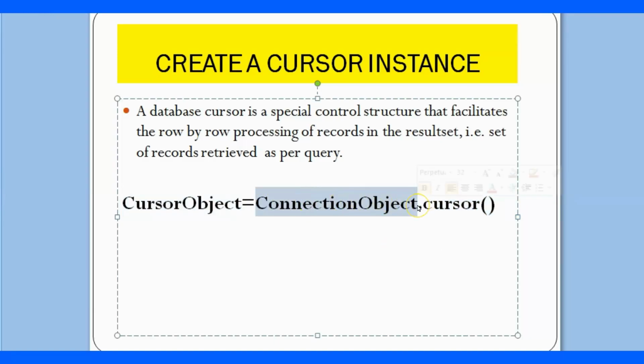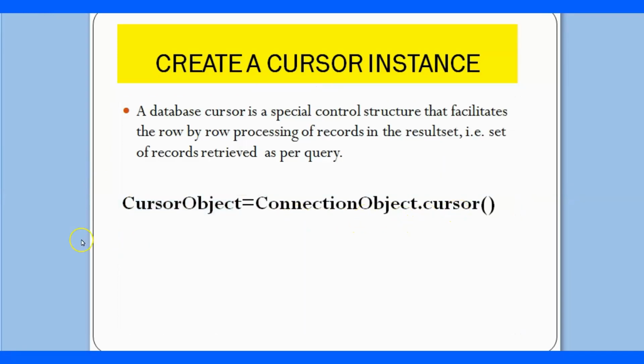The connection object name might vary, but it is called a connection object. You call the cursor function using this connection object and store it in another variable. So cursor object is equal to connection object dot cursor. This is how you create the cursor instance. I will show all the things in the practical.